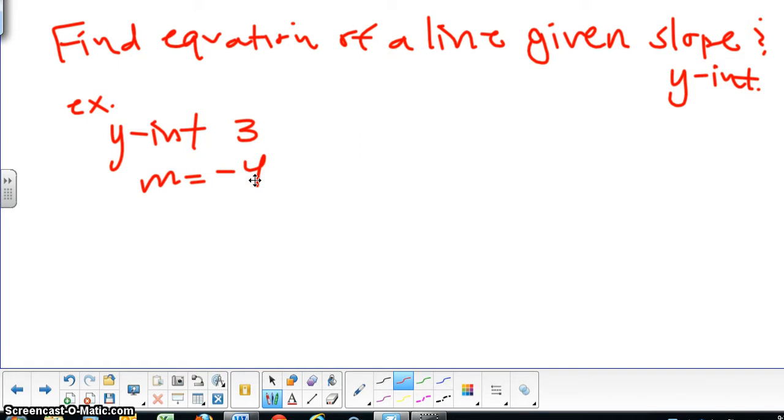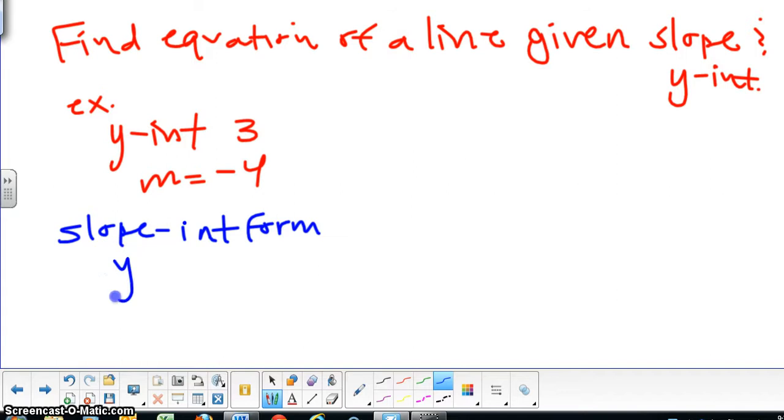Okay, this time we are not given a point, so we're not going to use point slope form. We are going to start with the slope intercept form. Okay, again, that is y equals mx plus b.